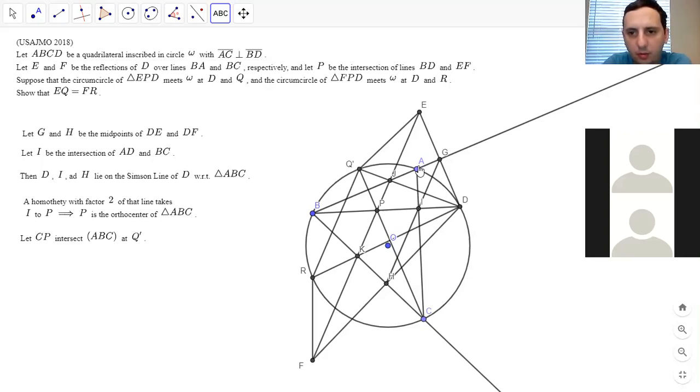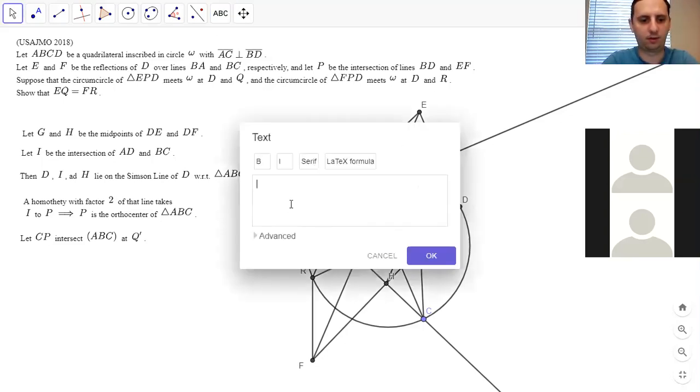And how do we know AQ prime equals AP? Oh, because AP is equal to AB by symmetry. So AQ prime equals AP equals AB equals AE. That implies Q prime PDE is cyclic with center A. And that implies Q prime equals Q.